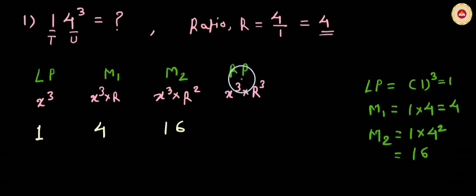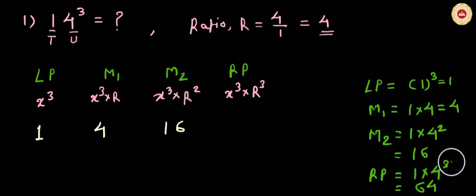What is the right part? Right part is x cube, that means 1 multiplied by r cubed, that means 4 cubed, which is equal to 64, because 4 cubed is 64. So write 64.